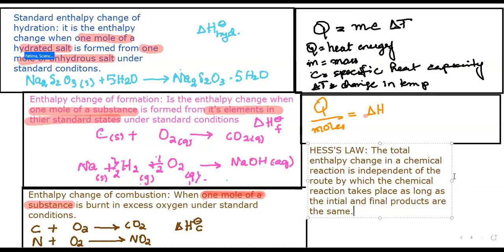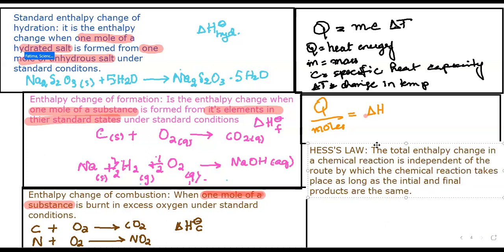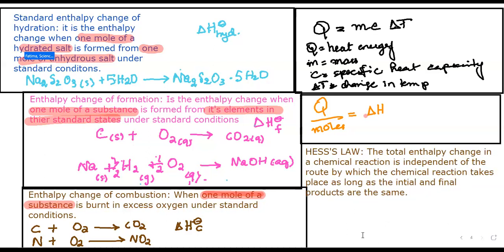Very complicated. It seems a bit confusing. What is he trying to say? So this guy Hess basically is the one who came up with this rule. What he actually stated was, okay, let's go ahead and take an example. Let's say that I want to calculate the enthalpy change of hydration.